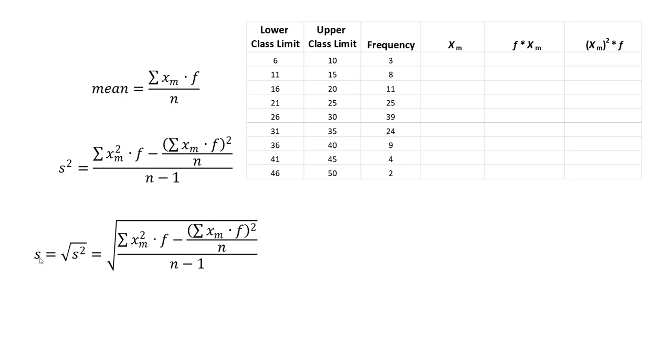And here we have the standard deviation of this grouped data, and I will show you how to get this. It's essentially the square root of the variance. So we have mean, S with the 2 next to it is variance, and S is the standard deviation. So let's get to it. We'll go to spreadsheet mode.